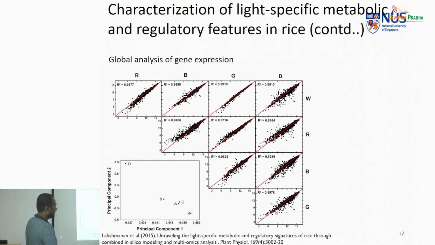The closer the clustering, the more similar they are. White and green were almost very similar, and red is a bit farther from them, and blue is also a bit farther from them. Whereas the dark is completely different from the other colored growth. So within the light treatments, blue and red have very distinct outcomes in terms of gene expression. They change the gene expression in a fine-tuned manner.